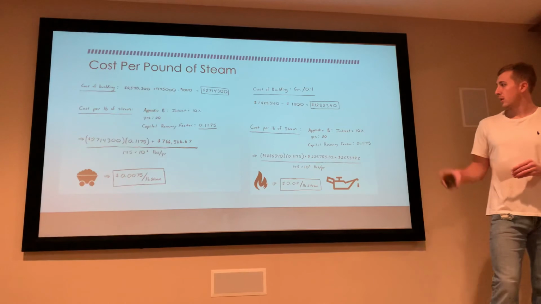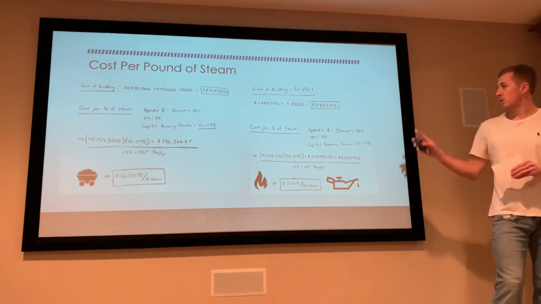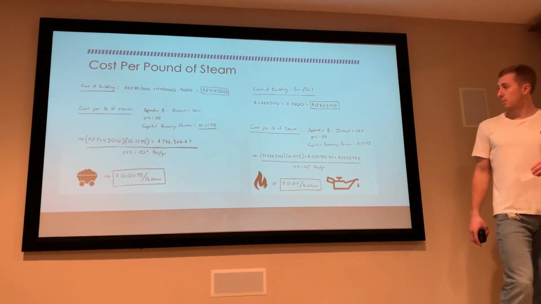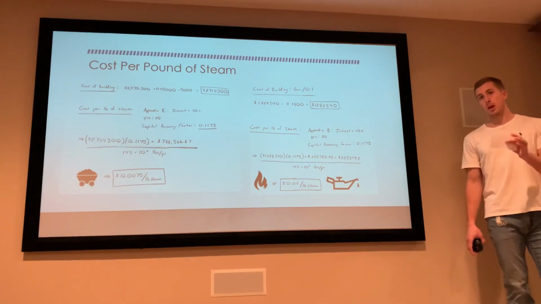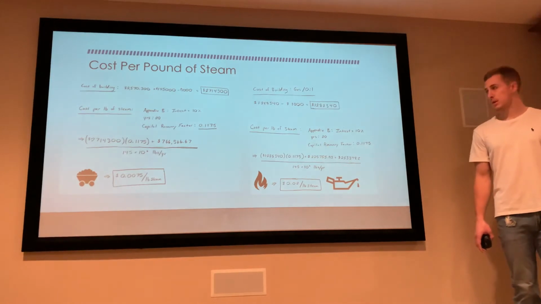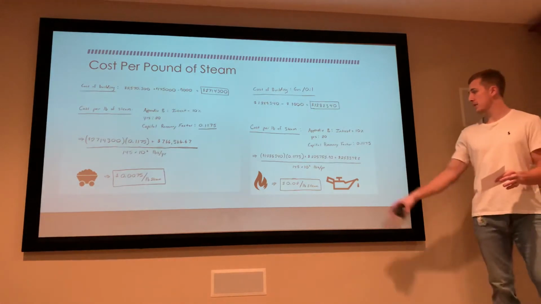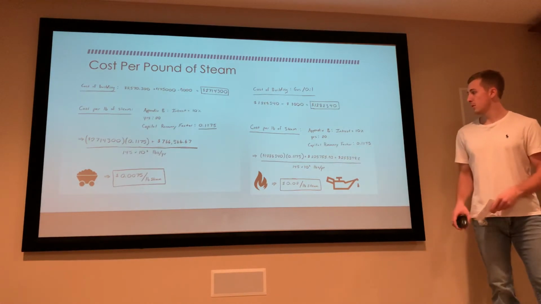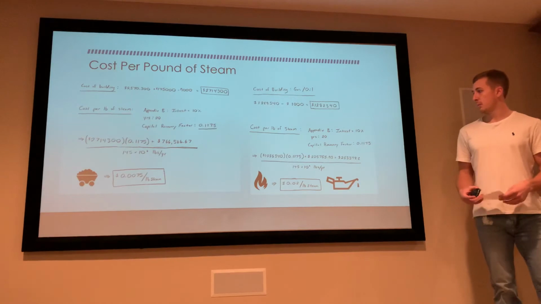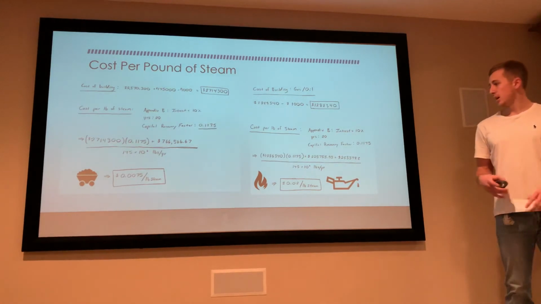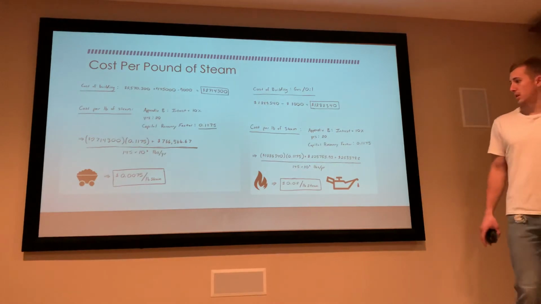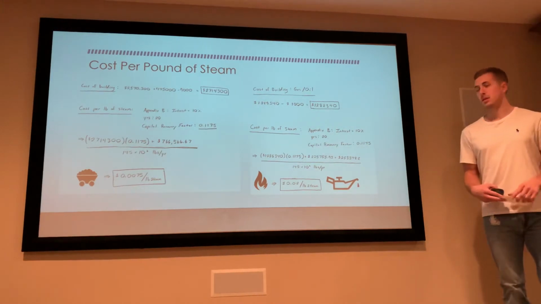Then we use our capital recovery factor as well and multiply our cost of building by that, and then add the cost of the operation of the oil plus the operation of the gas as well. Those are those two values right there. We divide it by our total pounds of steam per year, and we get that this operation would cost 2 cents per pound of steam.